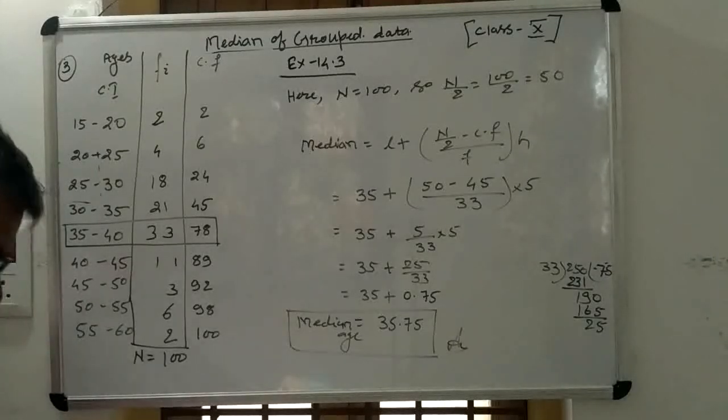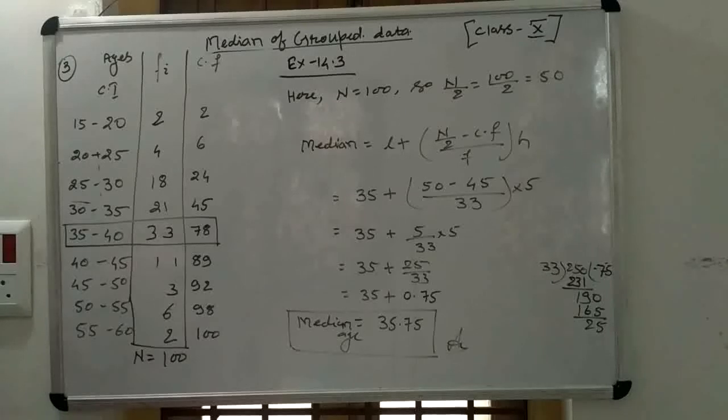Question number 3. What have you done in these 3 questions? Your 35.76 approx. It is correct. We have 35.75.